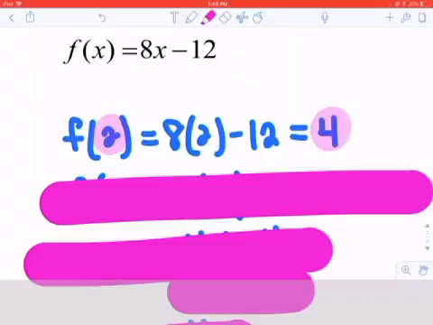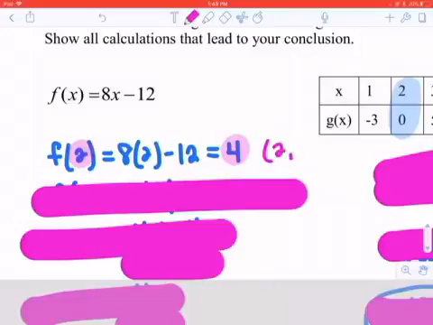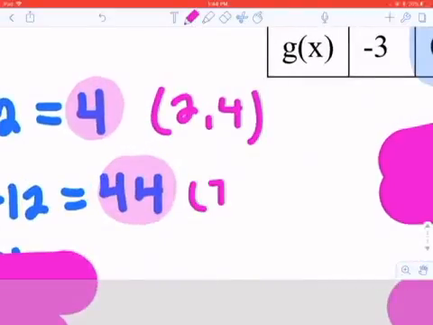So that gives me the point 2 comma 4. I do the same thing when x is 7 and I substitute 7 in for x, I get 44. So that is like having the point 7, 44. Input of 7, output of 44.